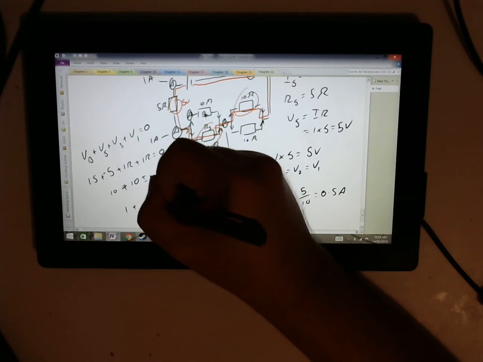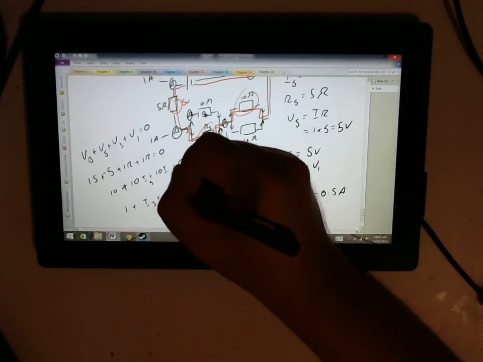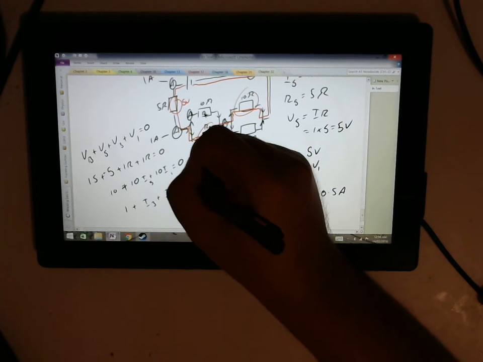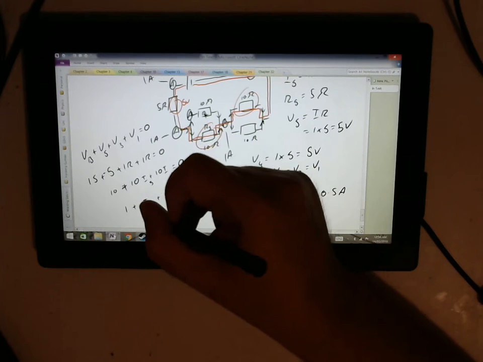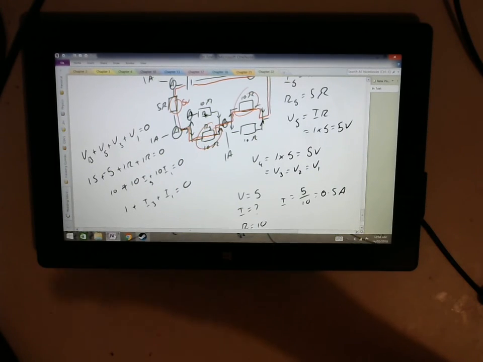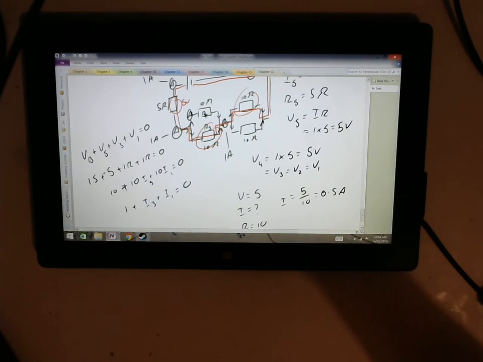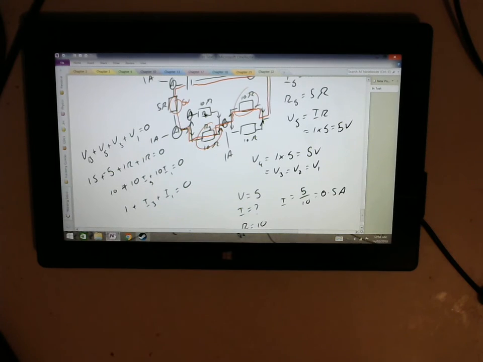So 1 plus I3 plus I1 equals 0. At this point now we need to work out, well, we have 2 unknowns here, we can't use that. We're going to have to work out another set of equations to figure that out.